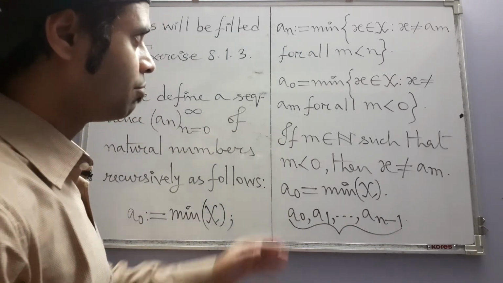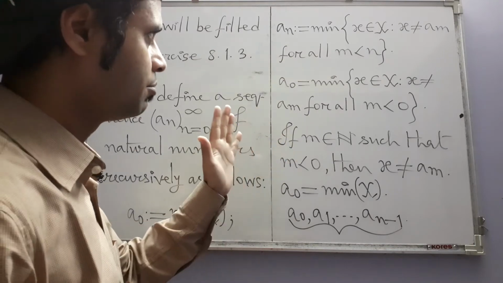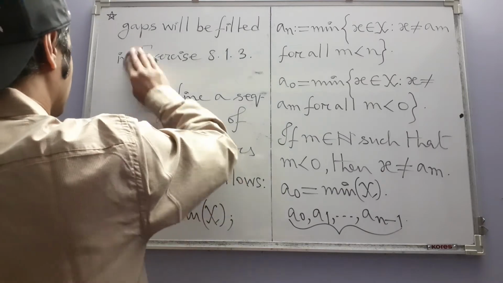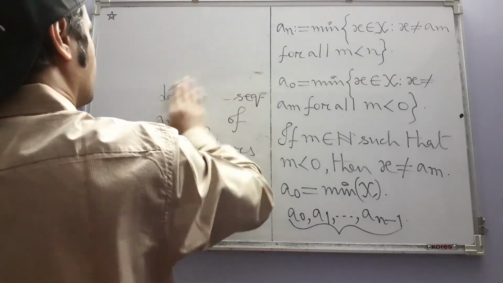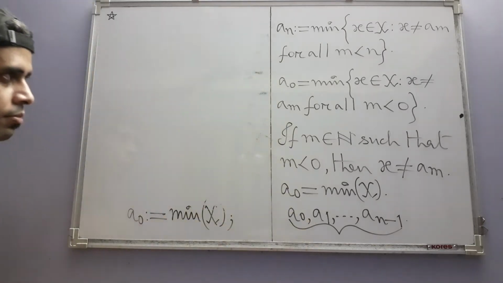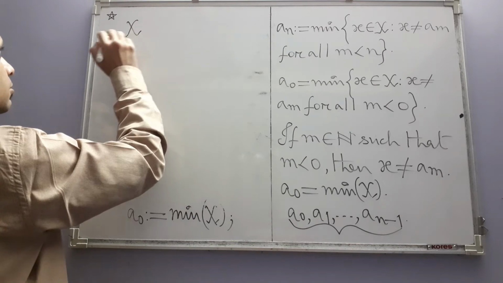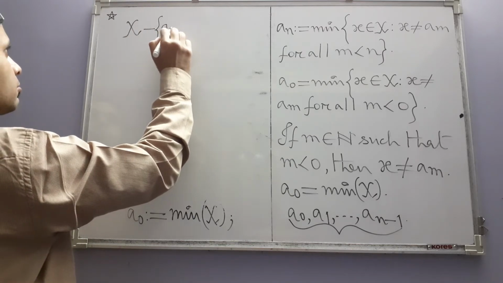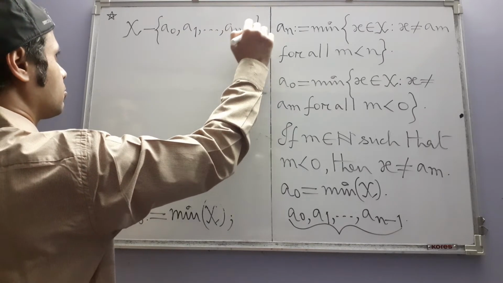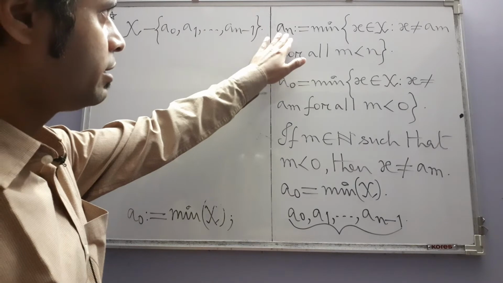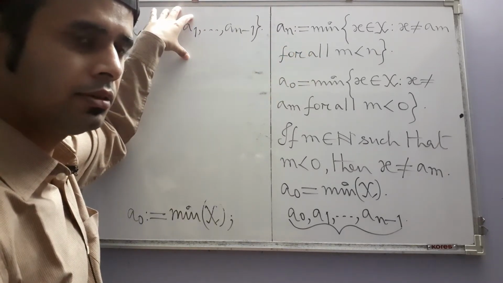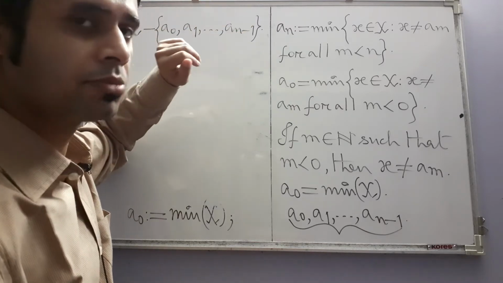So that means what we are looking at here is nothing but, I mean just the set is nothing but this. an is defined to be the minimum of this set. Okay, does that minimum exist?